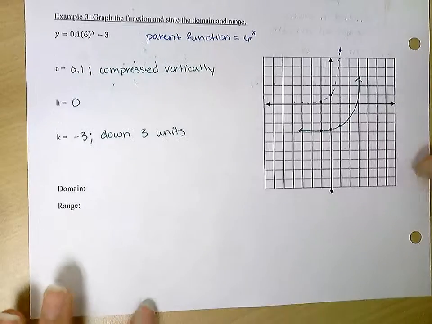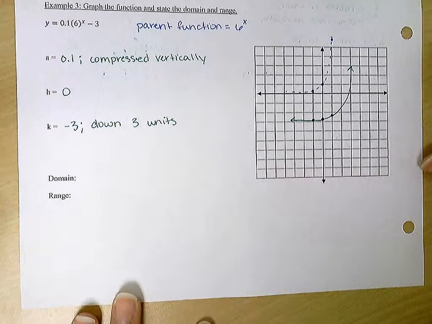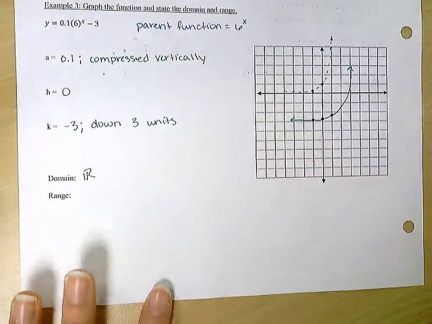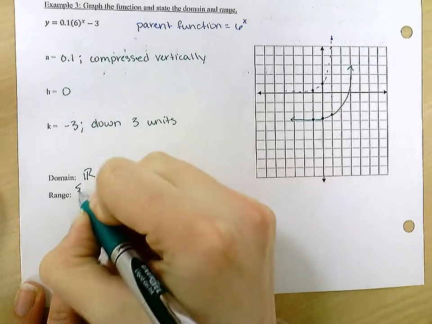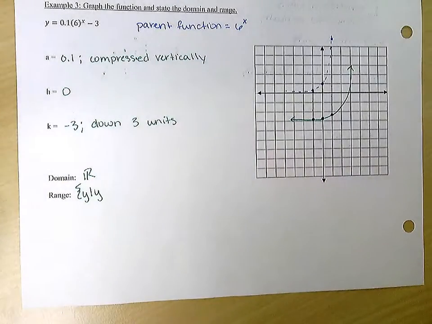All right, so what's our domain for this exponential function? What's the domain? Okay, then what's the range? Your y values have to be what? Where's your asymptote at?